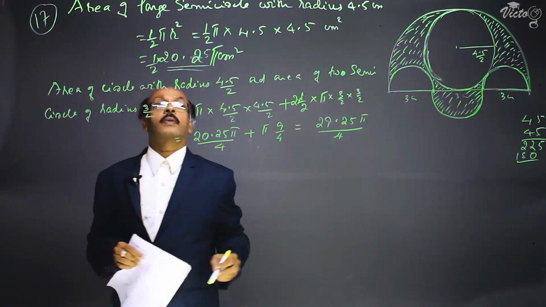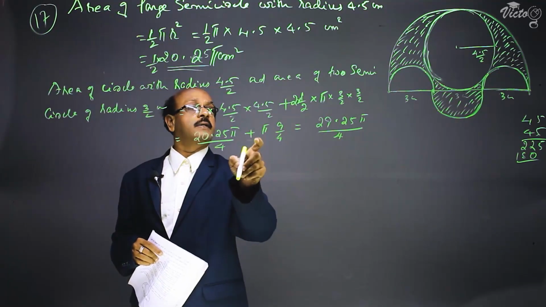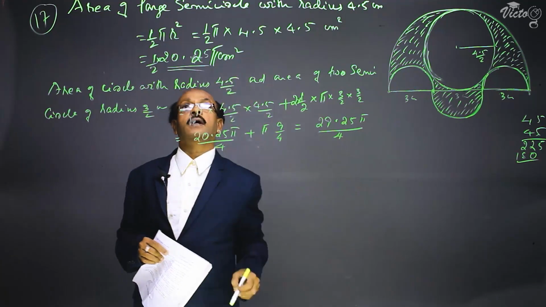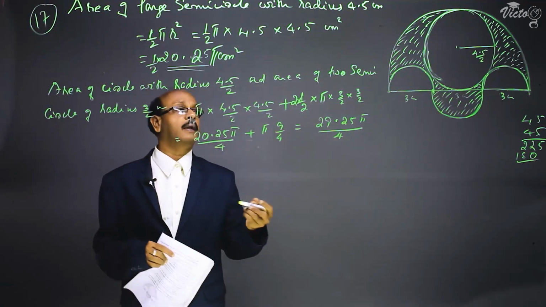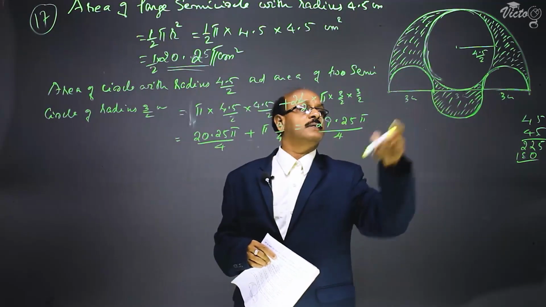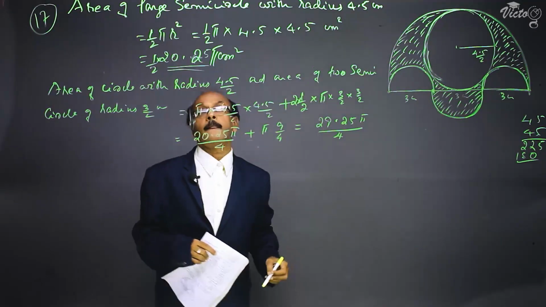Now we have to subtract this area from the total area of the large semicircle and then add the area of the semicircle.